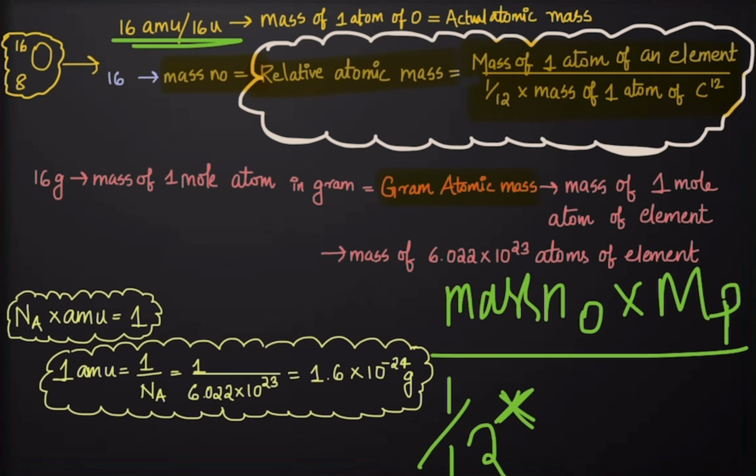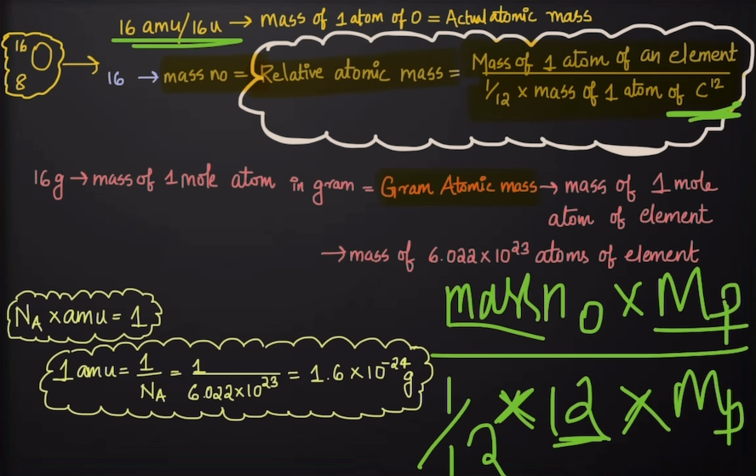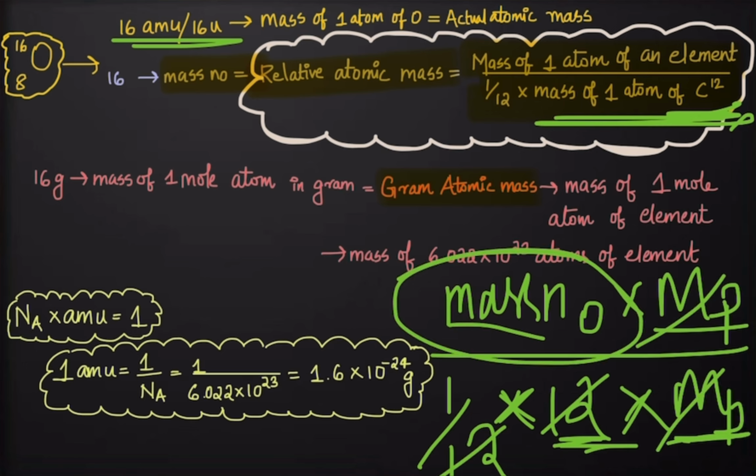The mass of one atom of carbon 12 is mass number into mass of proton. The mass number of carbon 12 is 12, so it is 12 into mass of proton. Mass of one atom of carbon 12 equals 12 into mass of proton.